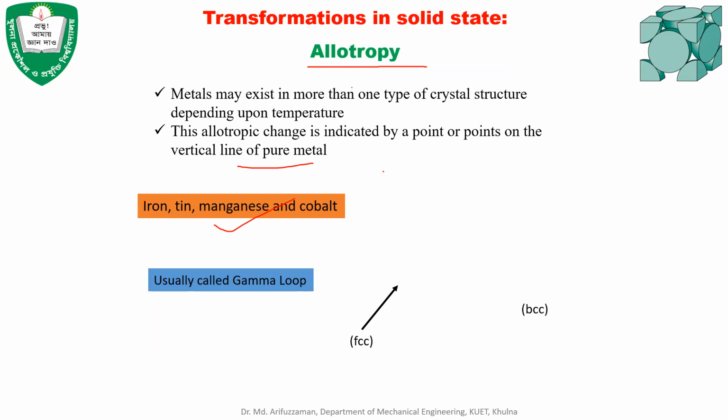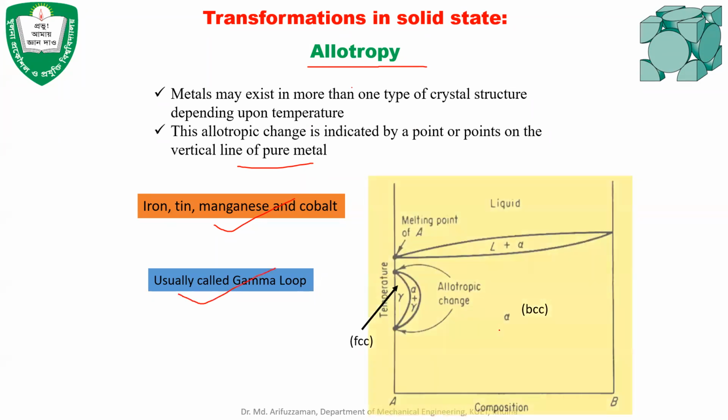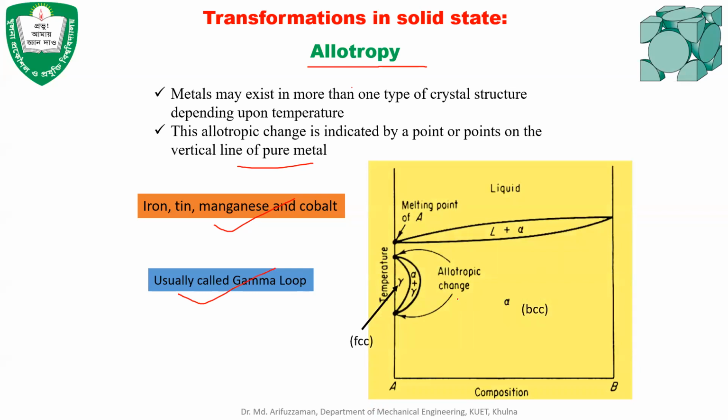That means if you raise the temperature, then the crystal structure changes, and if you drop the temperature, it returns to its initial structure. Usually they are called gamma loop. If you look at this figure here, in this case, when metal A is solidified at this temperature, it's completely solidified, and the solid is alpha, which is a BCC structure, body centered cubic. And when the temperature reaches this point, then the pure metal A actually converts into gamma.